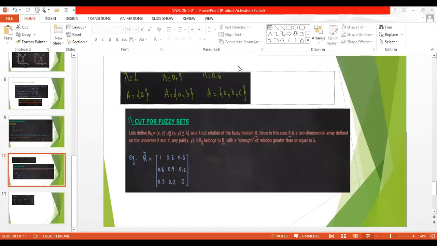Lambda cut itself is indicating you should be provided with what lambda value of the fuzzy set you need to identify. Okay, hope it is clear. Any more queries?